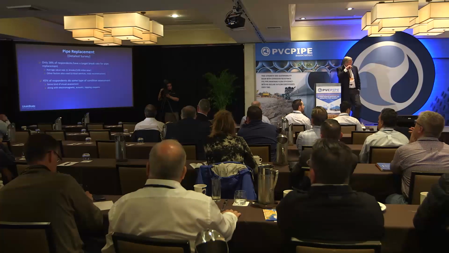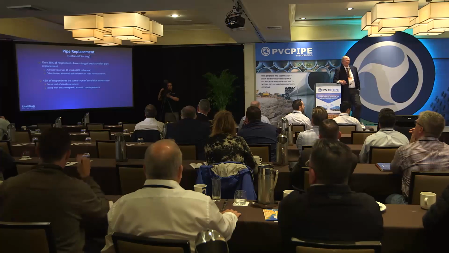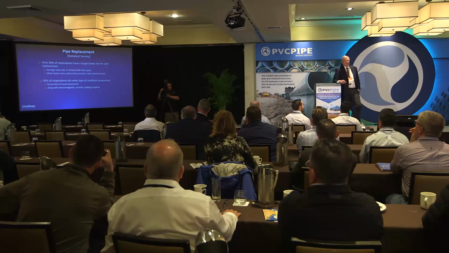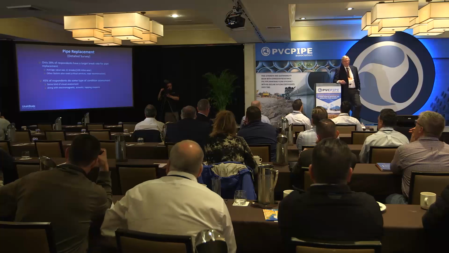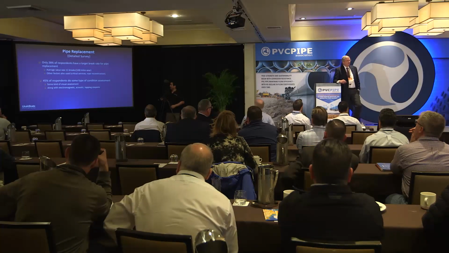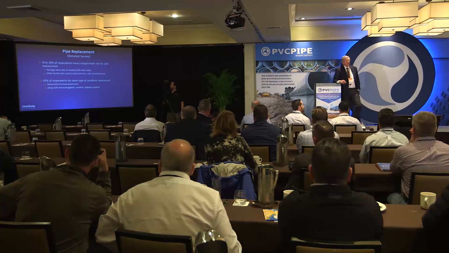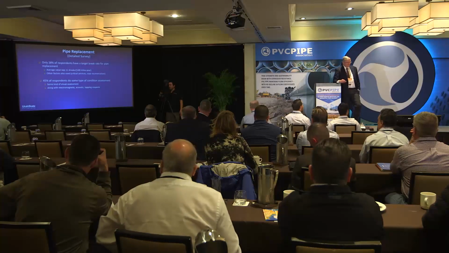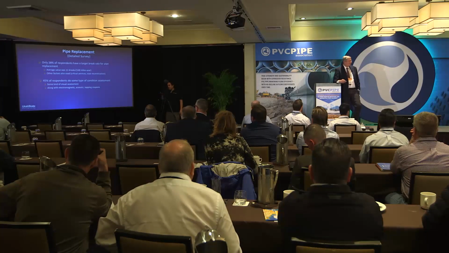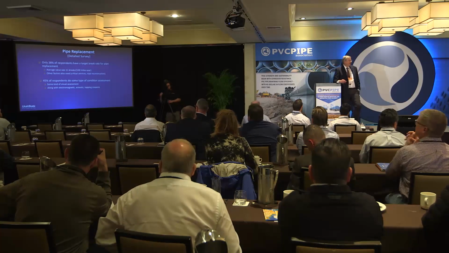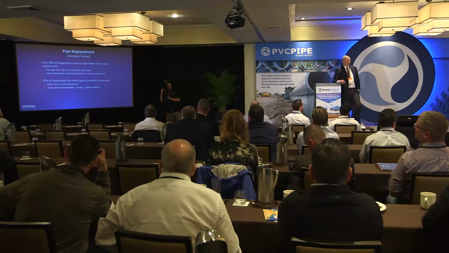All right, pipe replacement. We asked respondents if they had a break rate target for when they know, okay, I've got to go and replace pipe. And only 21% say they had one, because it's kind of hard to pick a number, because there are a lot of factors in there, like when you have critical services.